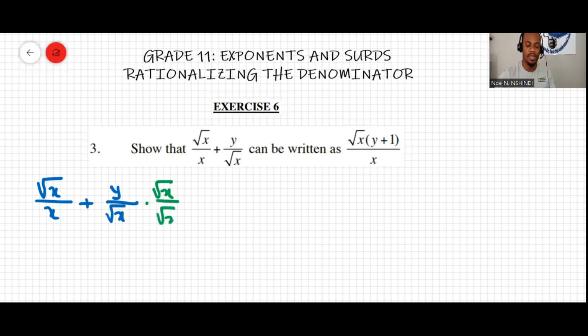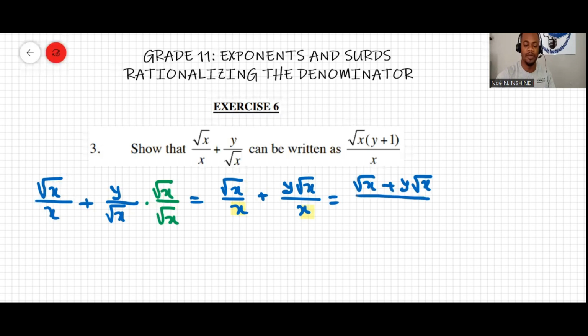Then this will be square root of x over x plus y root x over root x times root x, which makes x. Now that the denominators are common, we can combine the numerators. This will be root x plus y root x all over x.